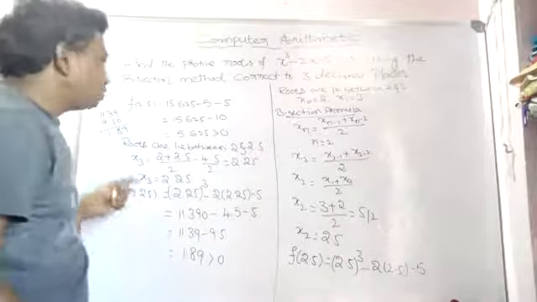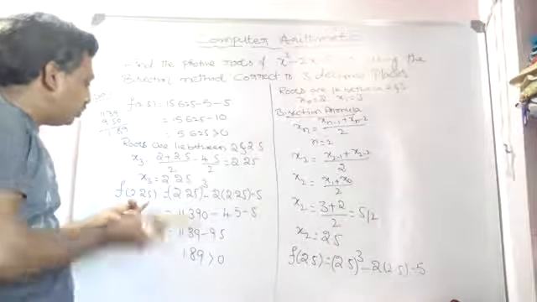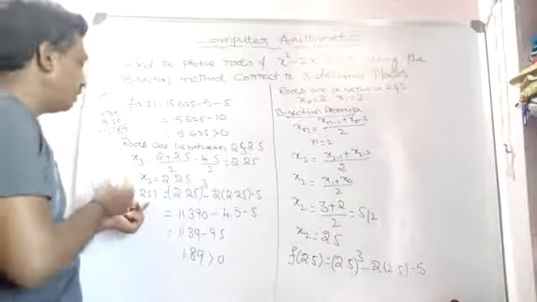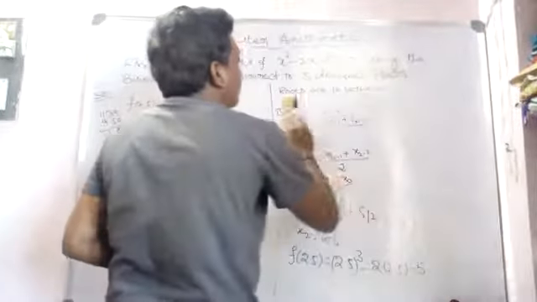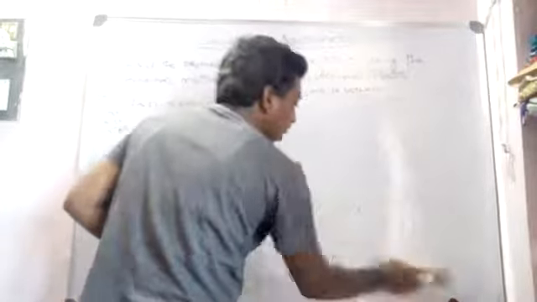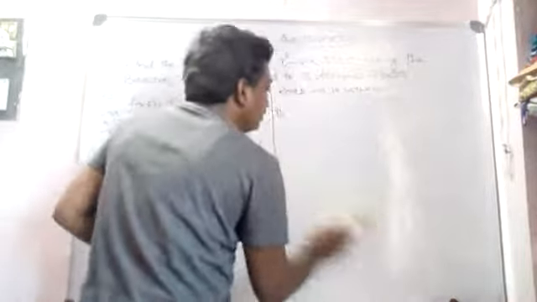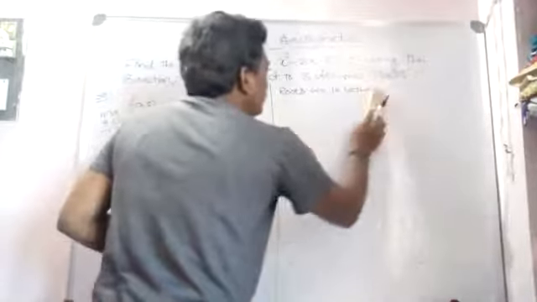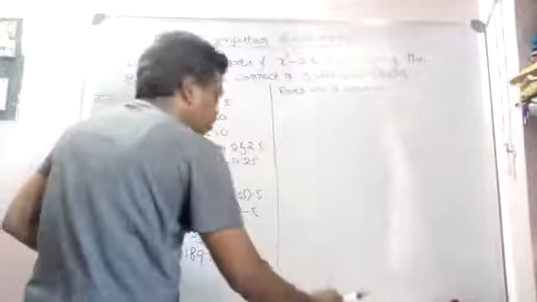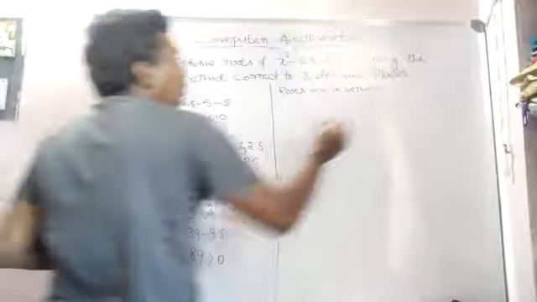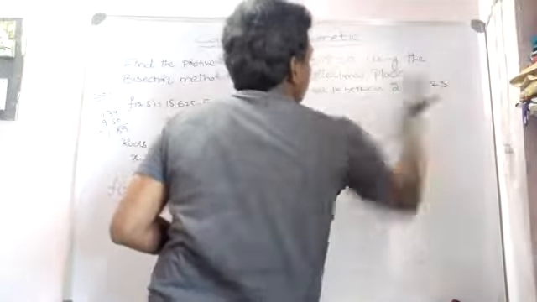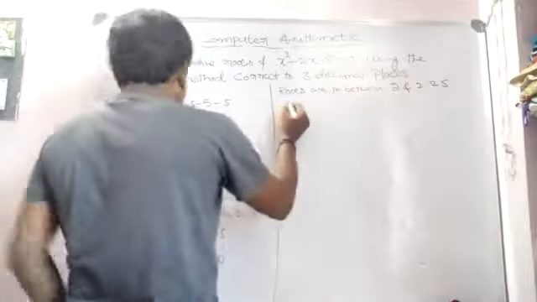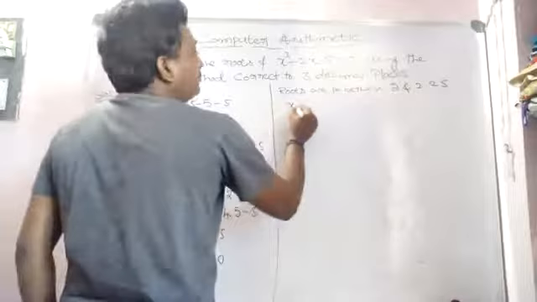So the root lies between 2 and 2.25. So x3 is complete.